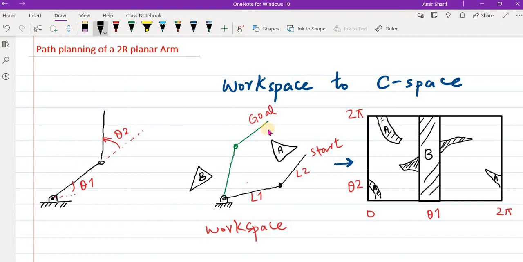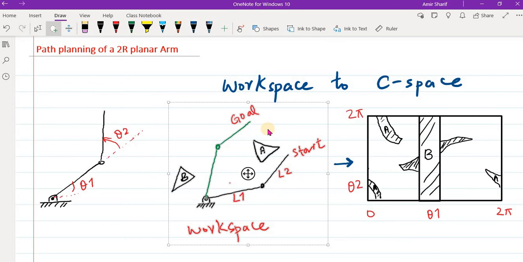This is again when the value of your link 2 joint angle is very high, in the range of 360 degrees, and your theta 2 is somewhere near 45 or 90 degrees, then there is again a chance of collision. So that's what we have written here, and what we can do is separate it a little bit so it's more visible.